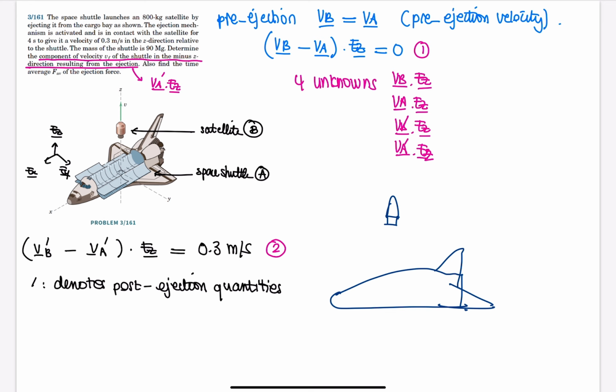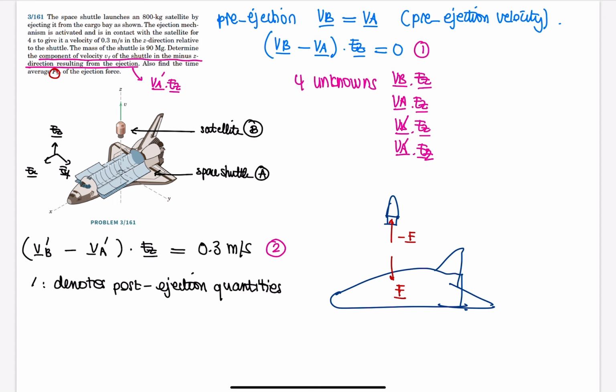However, there is the force from the satellite on the shuttle and the force from the shuttle on the satellite. So let us call it F, because I think they called it F. Okay, F and minus F.